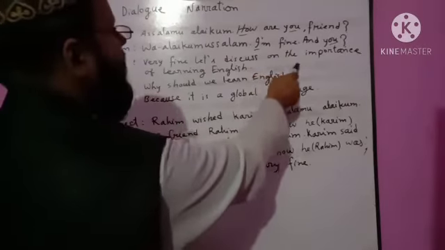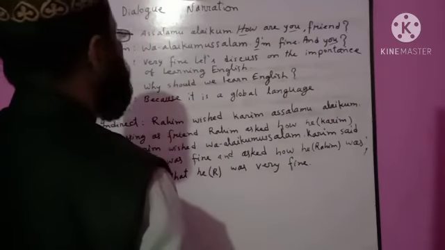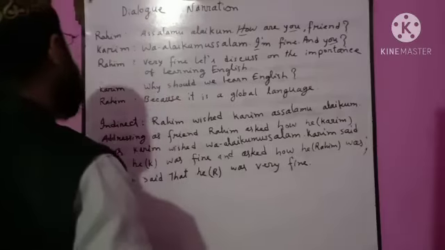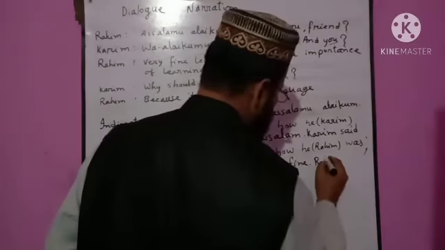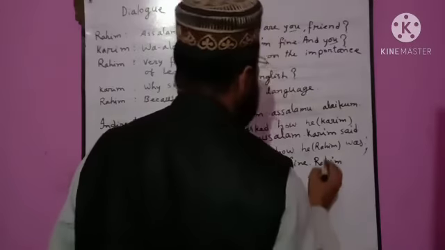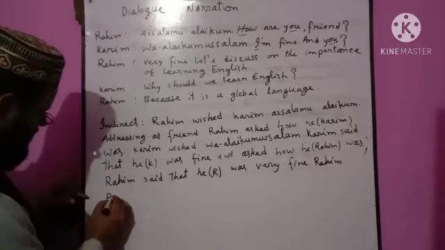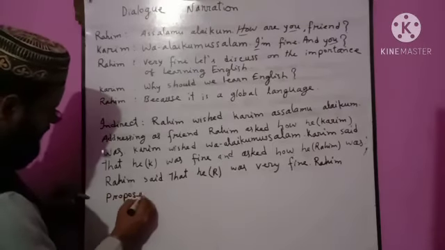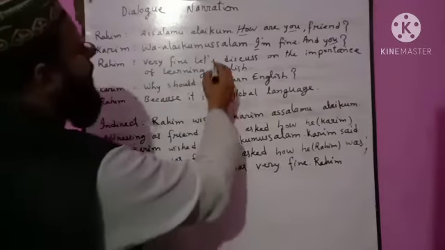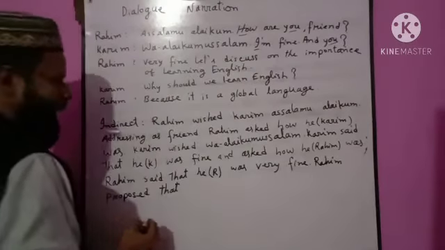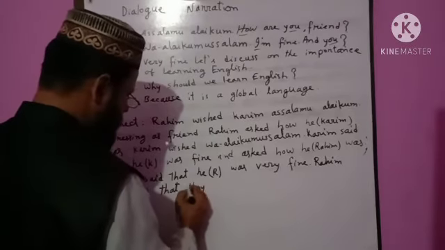Let's discuss the importance of learning English. It is a proposal of Rahim. We shall use Rahim, and the reporting verb will be proposed, that. Let us will be we should, and they should. From we should we shall write they should.